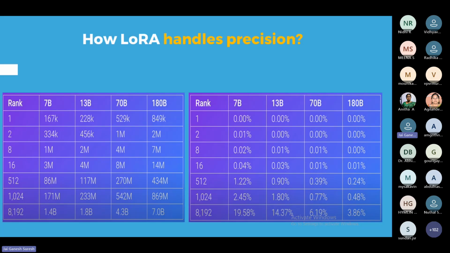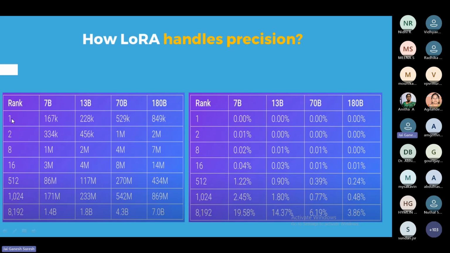Now if you see this, you can get some information. Rank 1, with a 7 billion parameter model. Let's take a Llama model: Llama 7 billion parameters, Llama 13 billion, Llama 70 billion, Llama 180 billion. So we have different parameter sizes in hand. Now I'm taking rank 1.